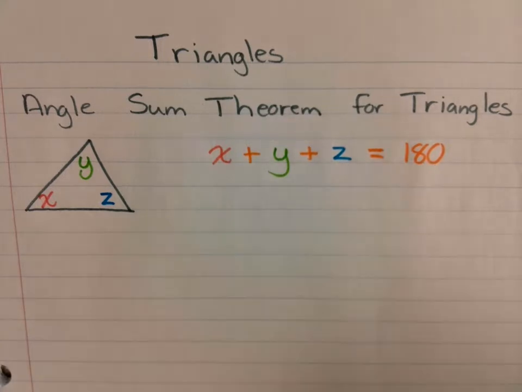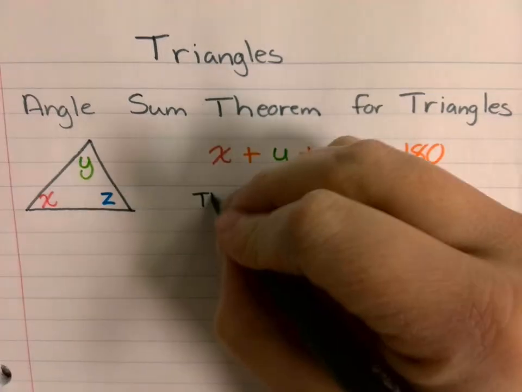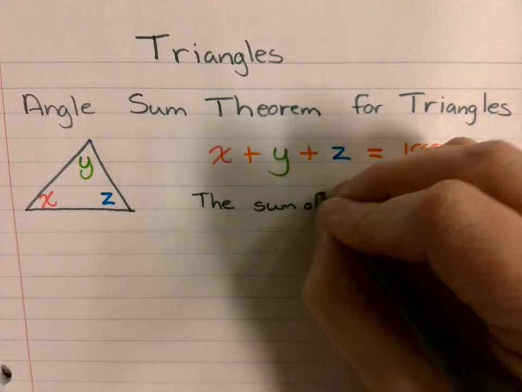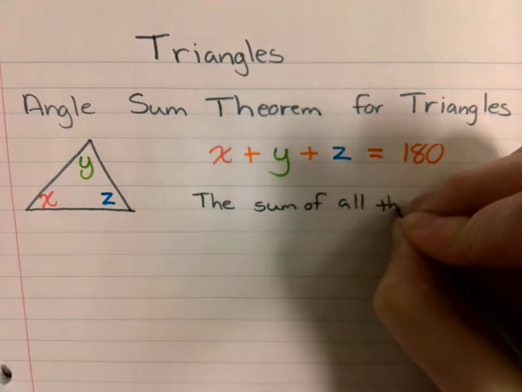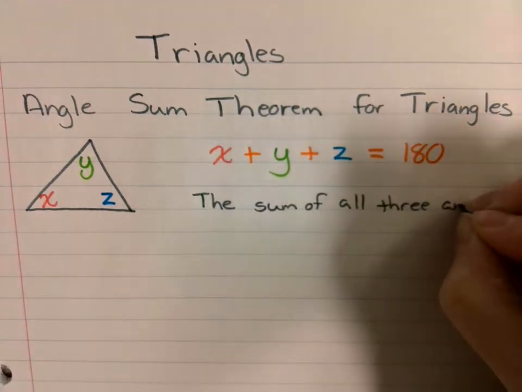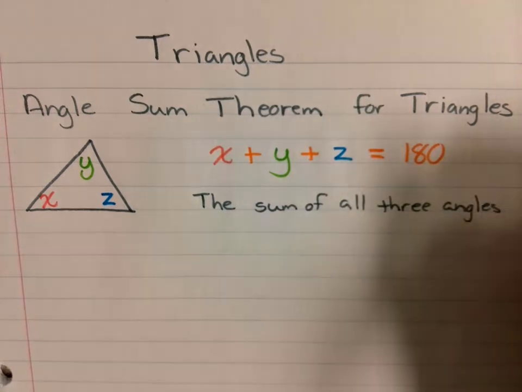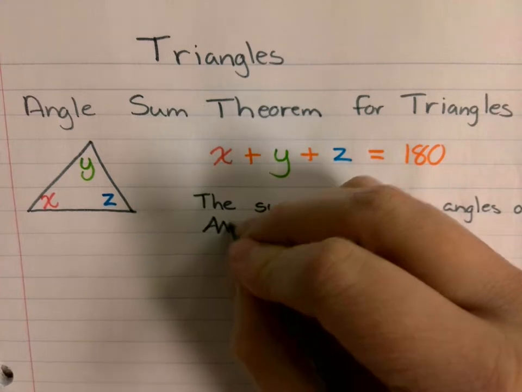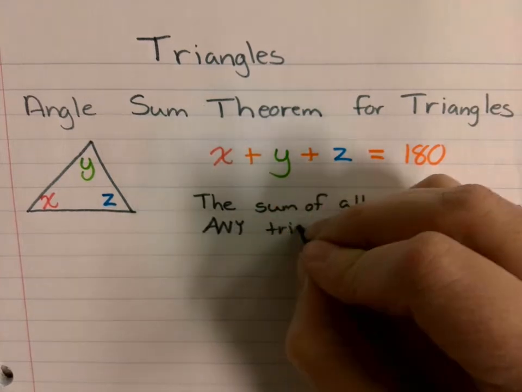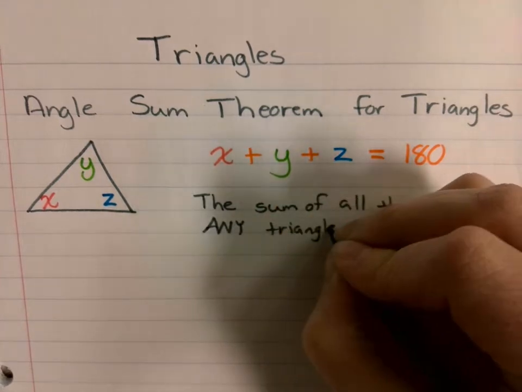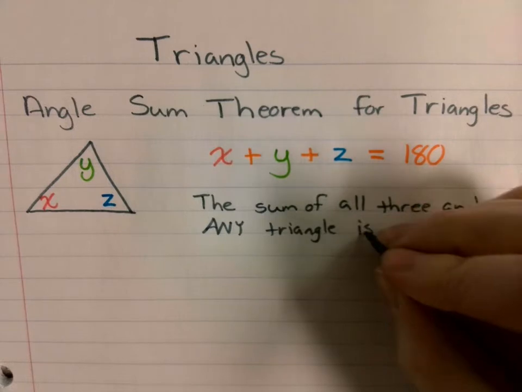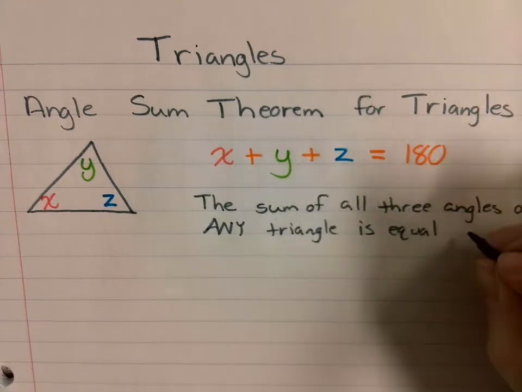So we'll write that down in just terms. The sum of all 3 angles of any triangle is equal to 180 degrees.